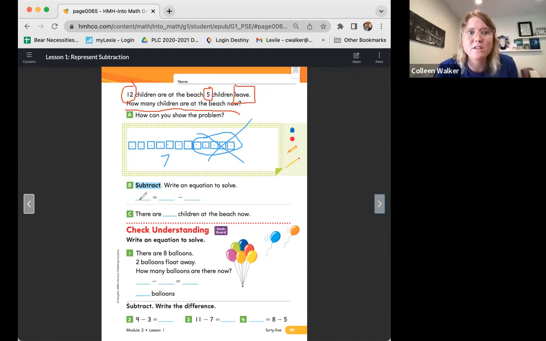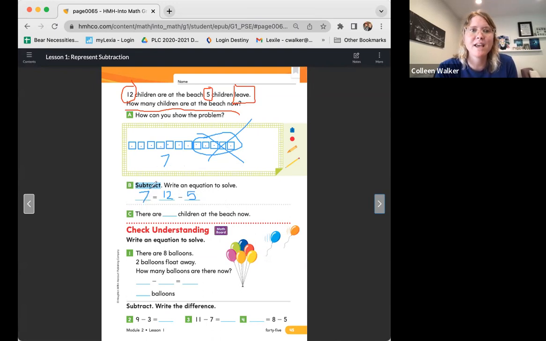So we are going to start by, we know how many children were left? 7, right? And now this is where we're going to write the rest of the equation. So how many children started at the beach? 12, that's right. And how many children left? Yes, 5 children left. And we know that the difference is 7.